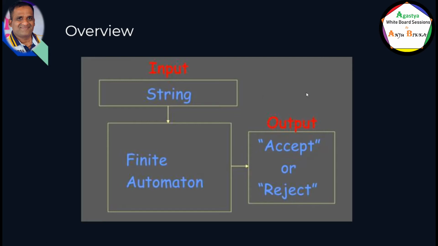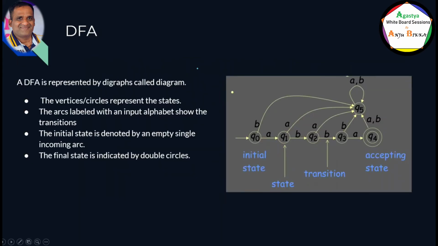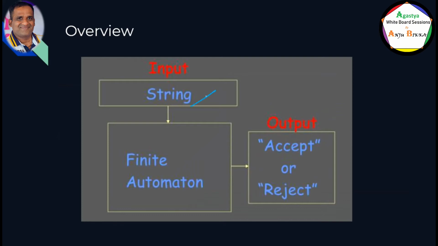Now we can see this is the input string we gave. This input string is given to a finite automaton, automata is the plural, automaton is the singular, or finite state machine. Whenever we give a string to a finite state machine, what is the output? Really, we don't get an output.